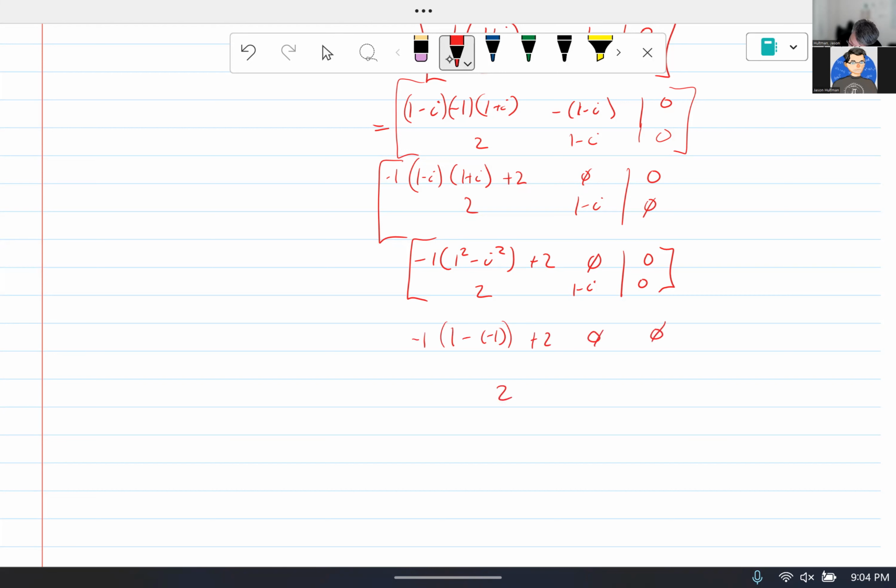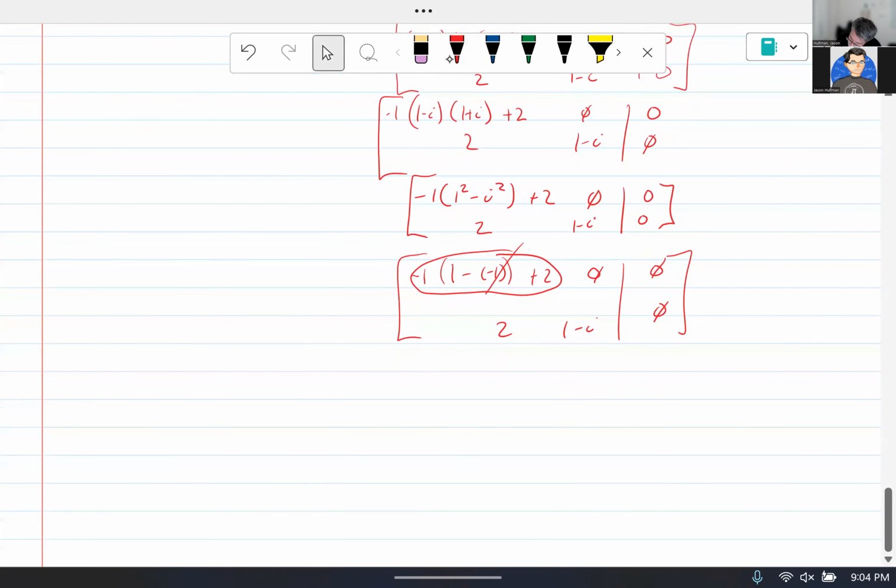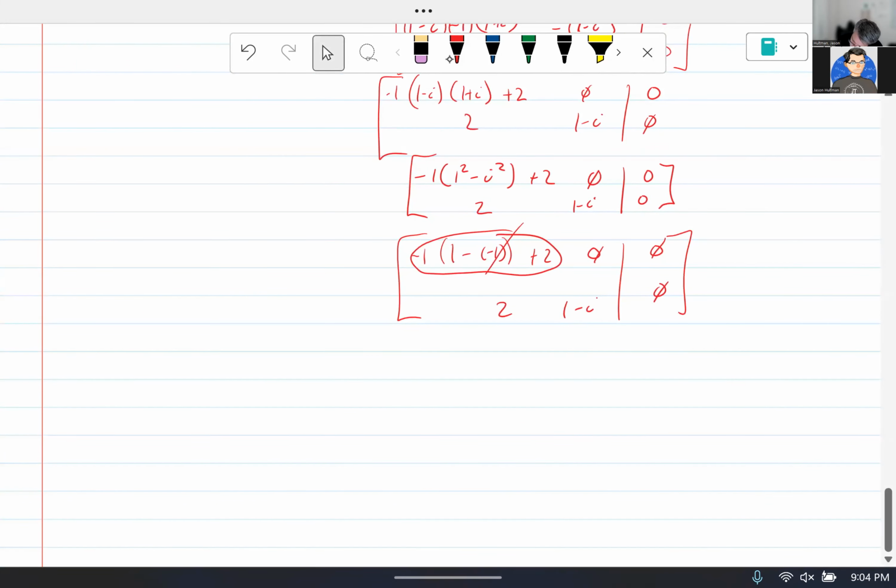I have a 2 and 1 minus i, and then a 0. That's minus 2 plus 2, and so this whole thing goes to 0. And so I end up with a row of zeros. I could write this as 2, 1 minus i, 0, and then 0, 0, 0.